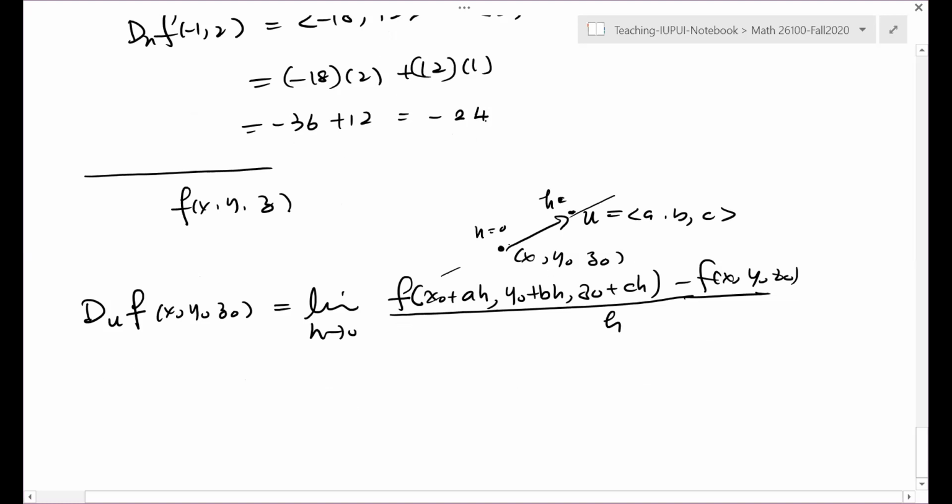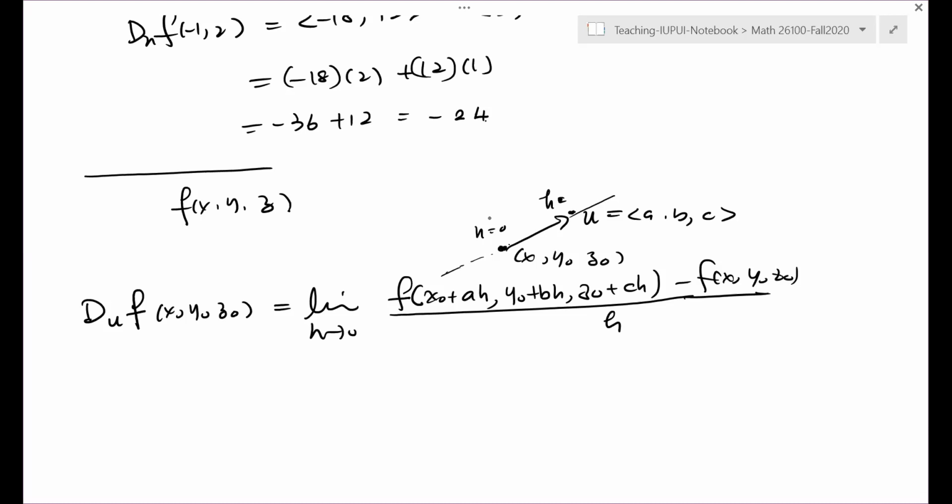So if the limit exists, then you can say the directional derivative exists. The directional derivative existing does not mean all the partial derivatives exist. Why? Because this is only about the function along this line. In other directions, maybe the function is not differentiable. That's why we have to assume the function is differentiable at that point.